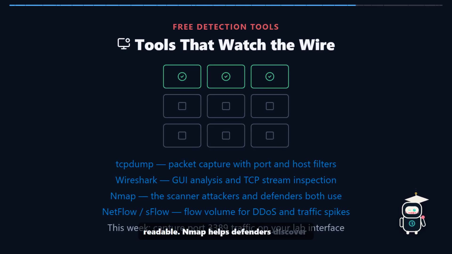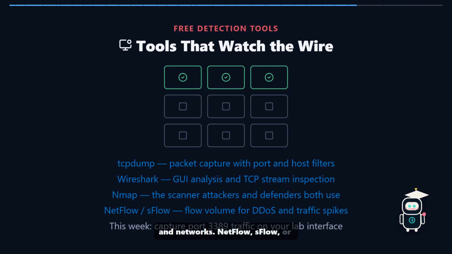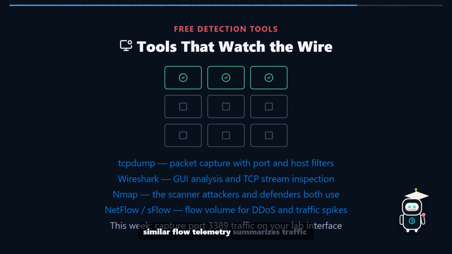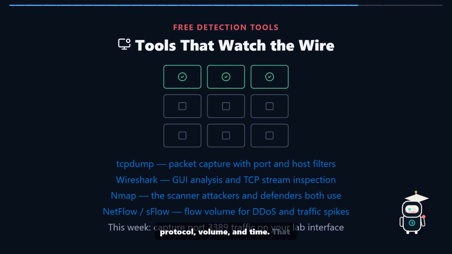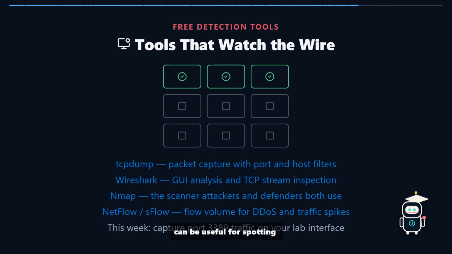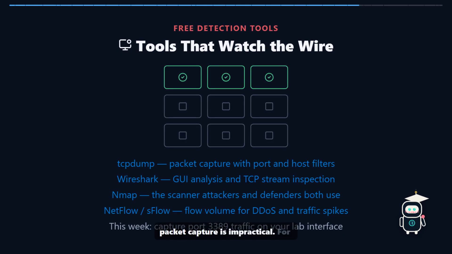Nmap helps defenders discover services exposed on authorized systems and networks. NetFlow, sFlow, or similar flow telemetry summarizes traffic patterns by source, destination, port, protocol, volume, and time. That can be useful for spotting unusual traffic spikes or distributed activity, even when a full packet capture is impractical.